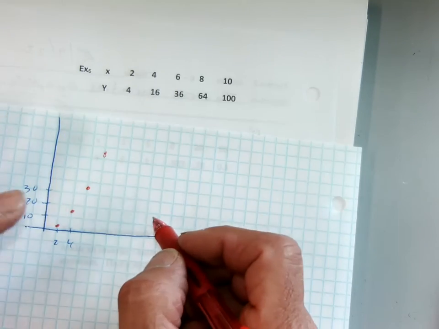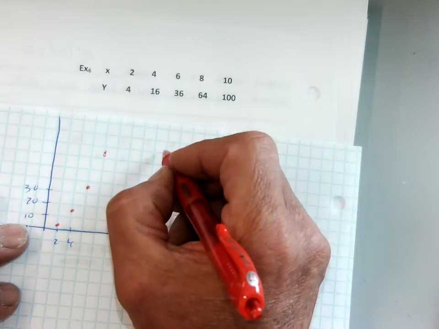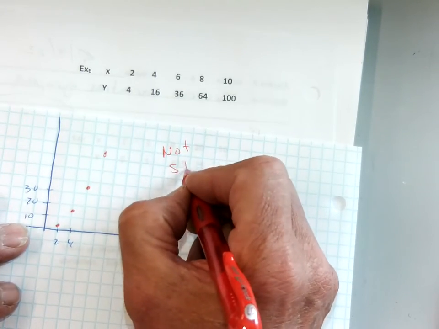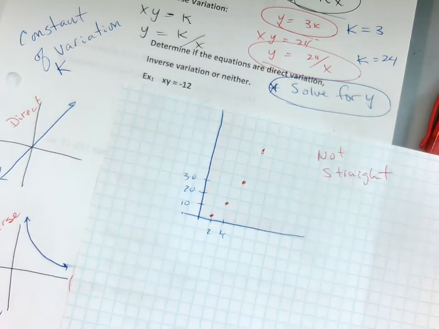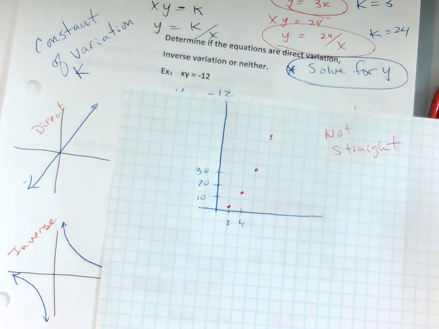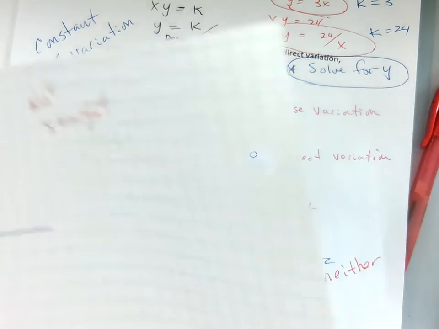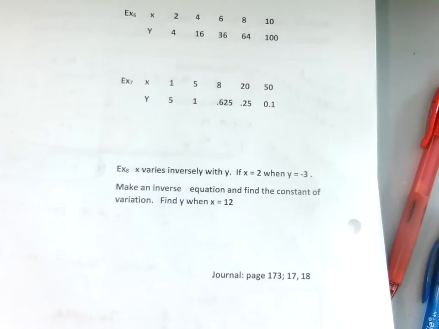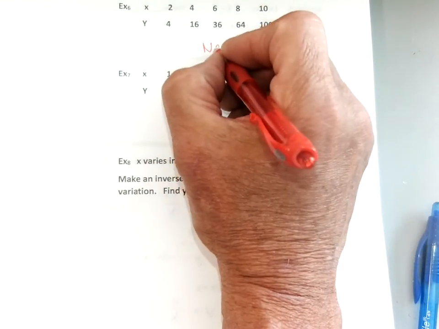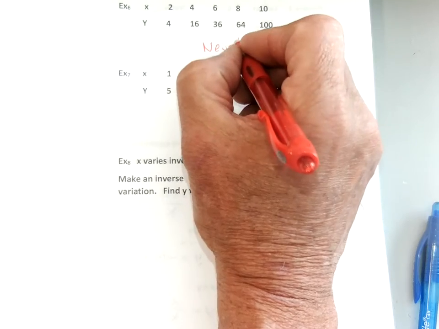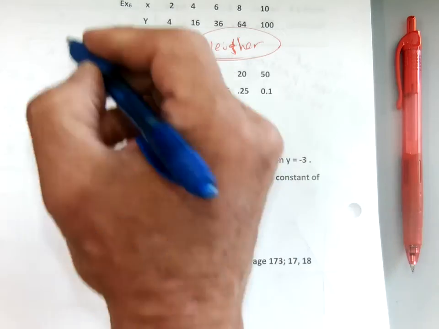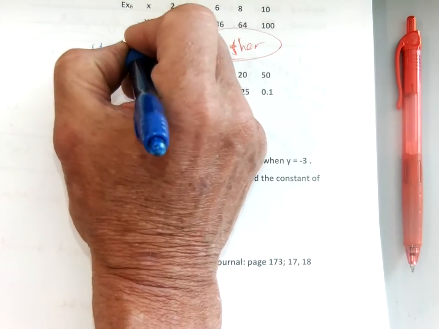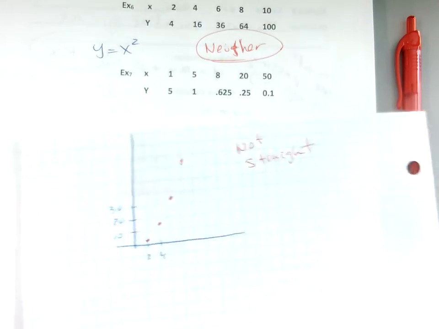What do you think's going on? It doesn't look straight. It doesn't look like either one of these graphs, does it? So it's neither for sure. It happens to be y equals x squared.